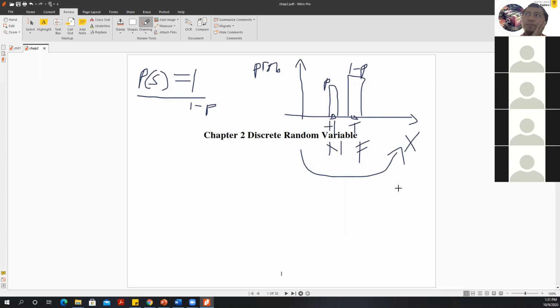Actually, the meaning is the same. It consists of any possible outcome. In the case of one coin, we have two possibilities, right? Head or tail. So we can say the random variable becomes head or tail.